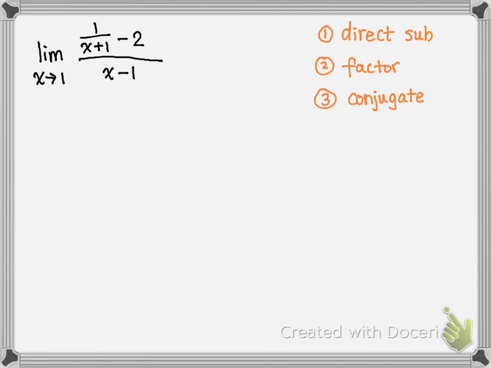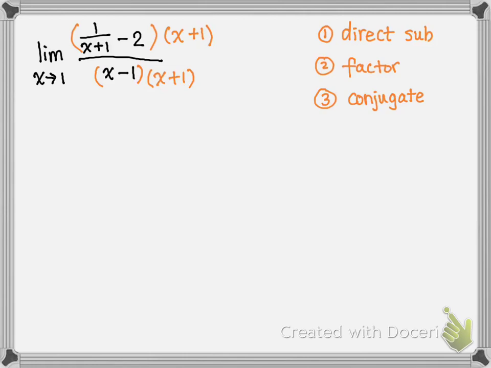We will multiply the top and bottom by the smallest fraction's denominator, which is x plus 1. If we multiply the top and bottom by x plus 1, we will get rid of the complex fraction.